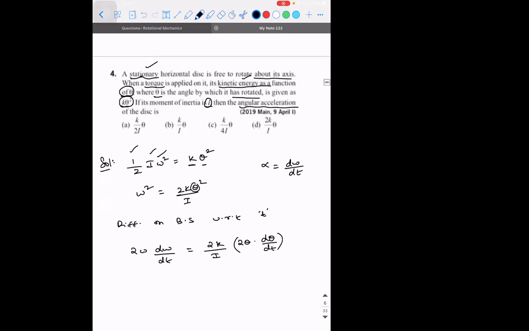Right. So d theta divided by dt is nothing but omega. If that is the case, d theta by dt and omega will get cancelled. 2 and 2 are gone.